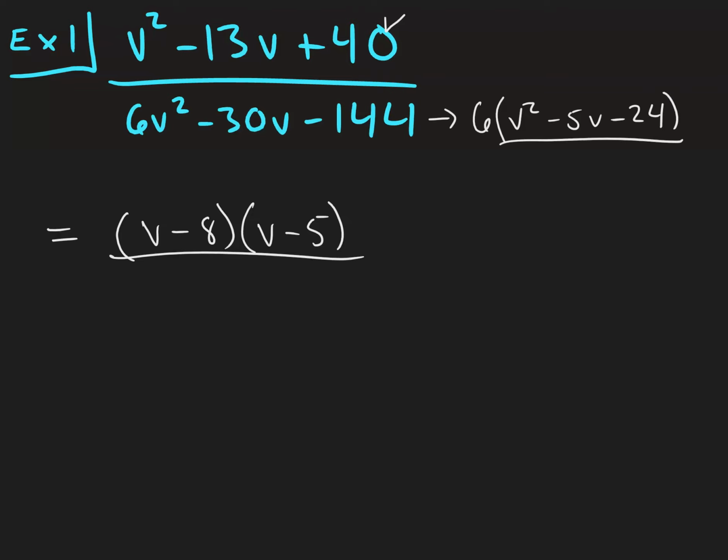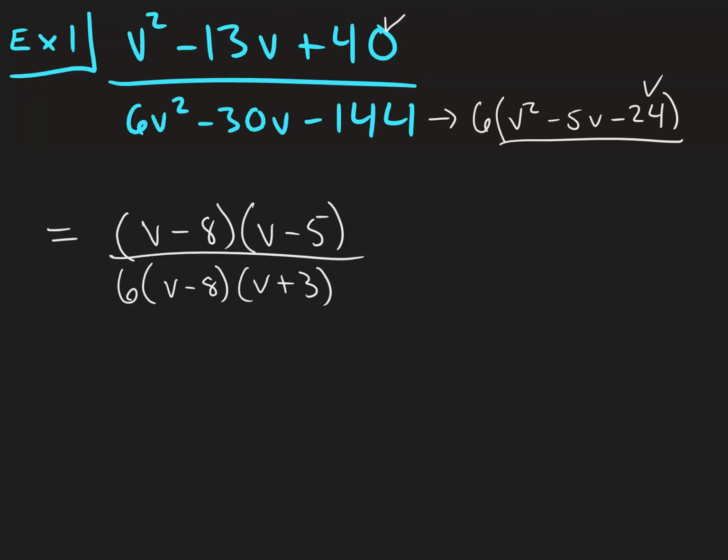So the remaining quadratic now needs to be factored. So I'm going to keep my factor of 6 that I factored out. And let's see, factors of 24 that would add up to negative 5 is what I have to think of. So that's going to be v minus 8 times v plus 3.